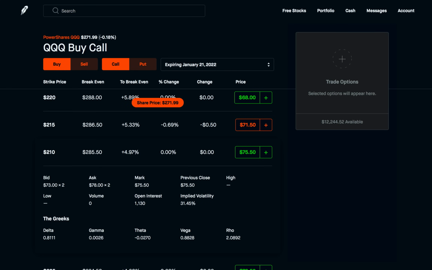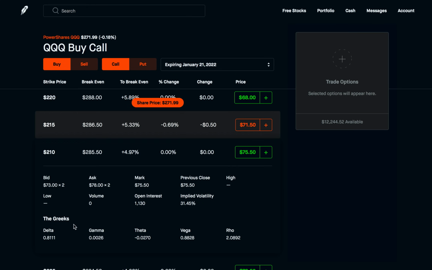So if I wanted 100 shares, that would cost me $27,200. And the thing about that is, for every dollar that QQQ goes up, I would make $100, right? That's just simple math, right? If I own 100 shares, and the price goes up by $1, well, that's 100 times 1, I made $100. If QQQ goes up by $5, that's 100 shares times 5, that's $500 I just made.